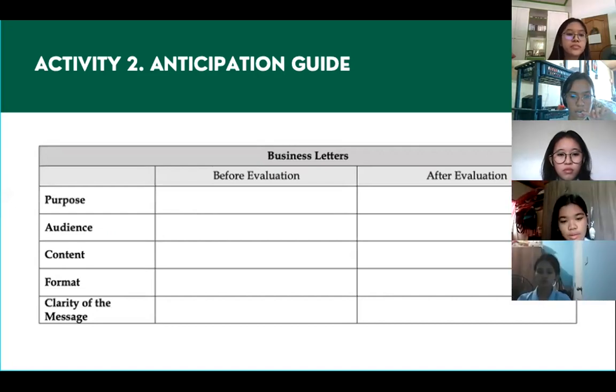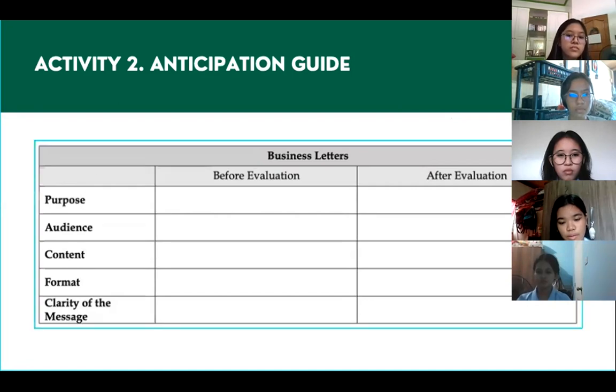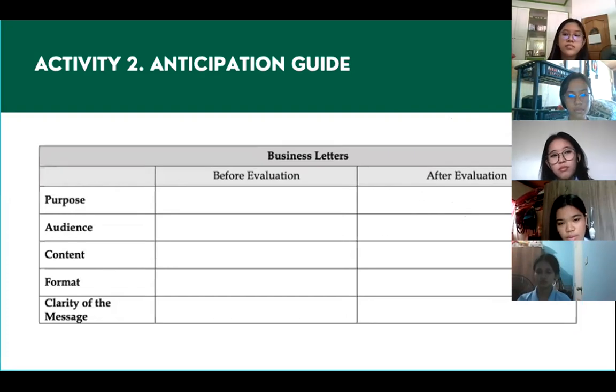And then after reading the discussion in the delivery part and perusing the examples I have provided in the resources folder, I ask you to go back to this matrix and complete the same. Revisit it, and after reading, what is your evaluation?